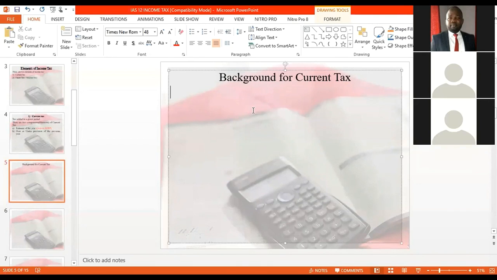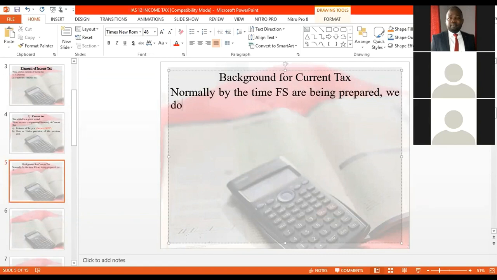So maybe I can say, normally, by the time financial statements are being prepared, we don't know the actual amount of tax to be paid. Take note of that.